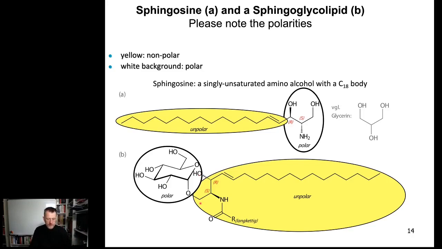This was 1, 2, 3, of course. You've already seen it on the last slides. We can have a larger sugar moiety in the interaction of, on the one hand, our sphingosines and our sugar part.